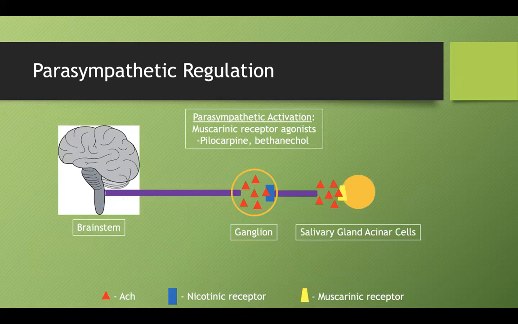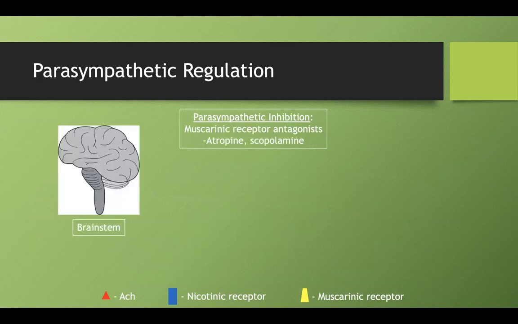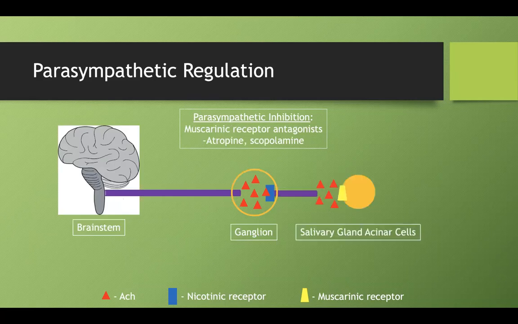Now, if we have a muscarinic receptor agonist like pilocarpine or bethanechol, we can activate that receptor, that yellow receptor, directly with those medications and really stimulate the salivary gland cells to secrete more and more fluid. On the flip side, with inhibition, with things like atropine and scopolamine, we have the same idea where the signal gets transmitted all the way through.